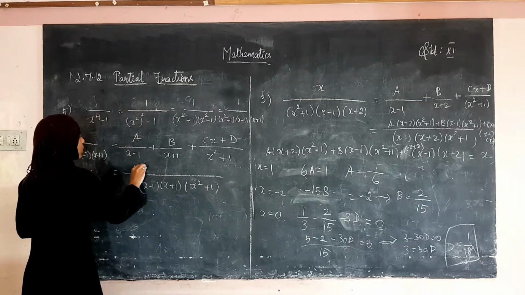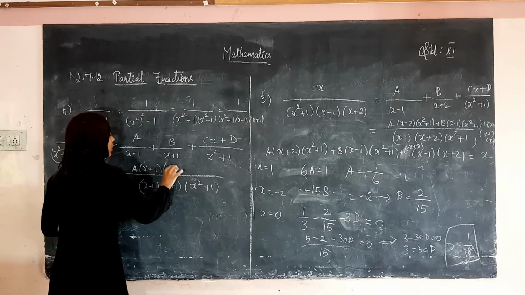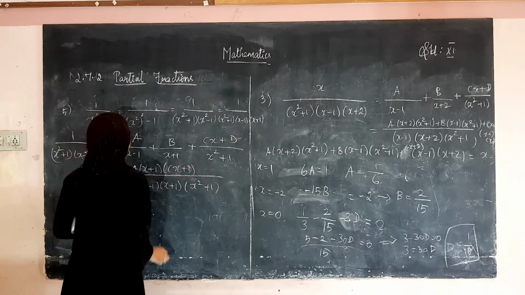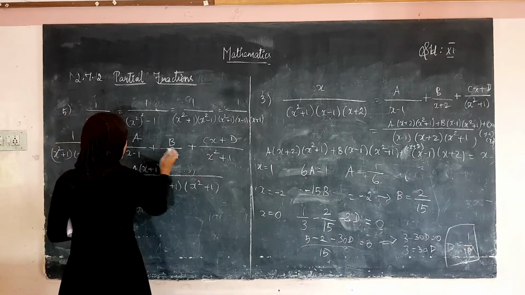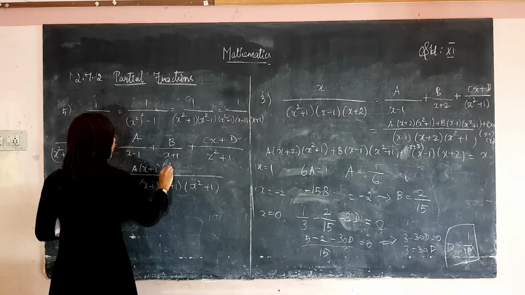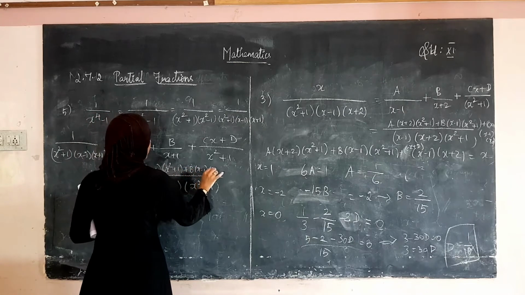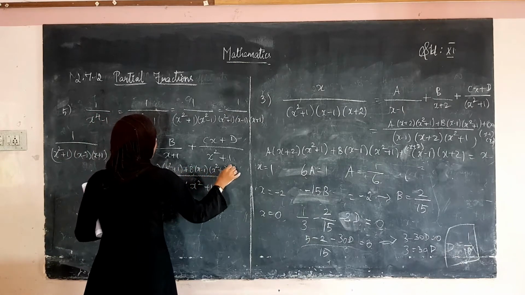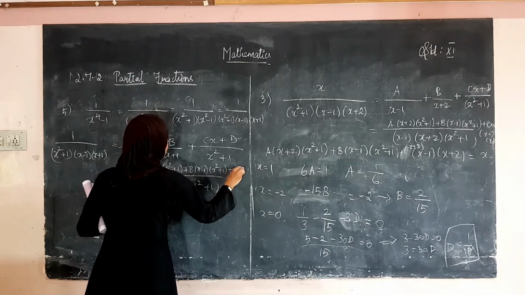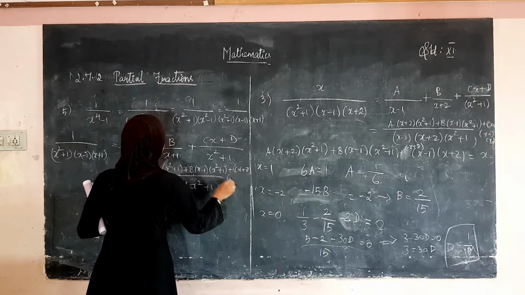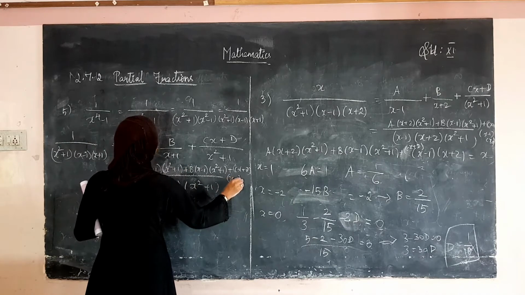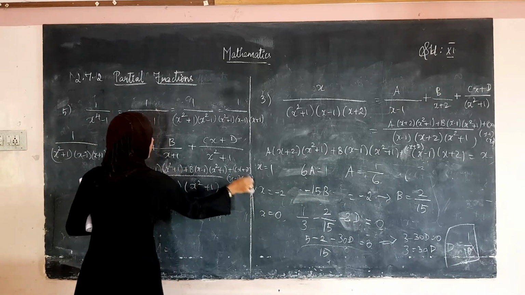So a into (x plus 1)(x squared plus 1) plus b into (x minus 1)(x squared plus 1), and then plus (cx plus d) into these two terms, (x minus 1)(x plus 1).